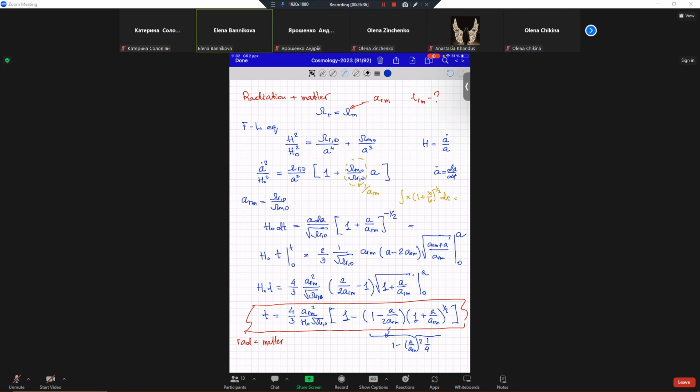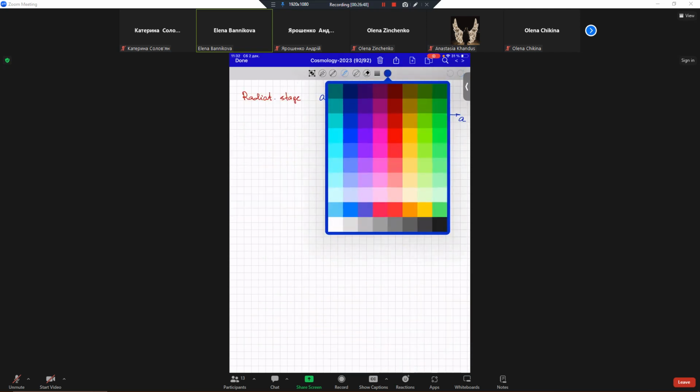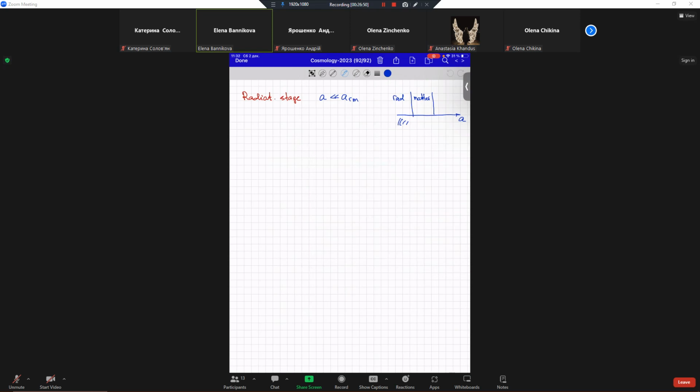If this is small, it's not convenient to write like this. Okay, in this case, for this consideration, we can immediately write what T will be.